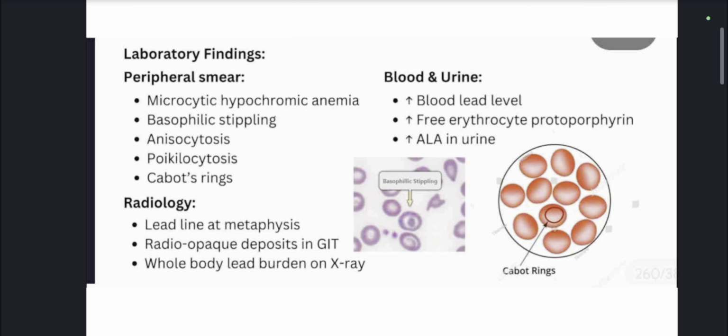We know that different sizes of RBCs are present in the smear, and poikilocytosis, different shapes of RBCs are seen. So this is observed in peripheral smear. In radiology, you see lead line at metaphysis, dense band, and radio-opaque deposits in GIT, whole body lead burden on X-ray. And in blood and urine, you see increased blood lead level, increased free erythrocyte protoporphyrin and increased ALA in urine. Why? We know that because there is inhibition of ALA dehydratase and ferrochelatase.